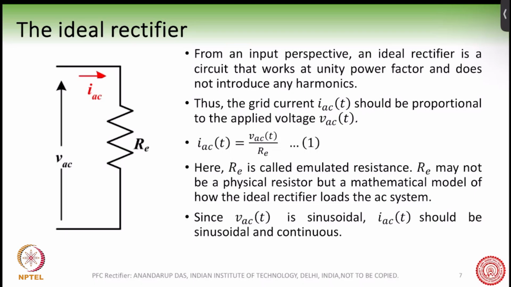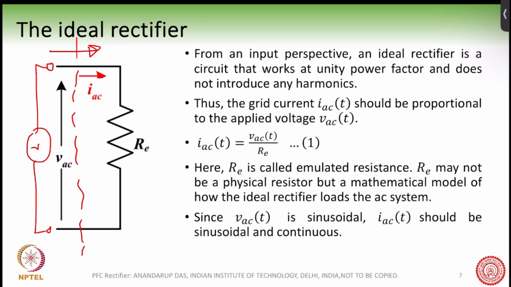The way we look at it is that we have the AC source here, which is the grid here, and this is the whole converter. This is where the converter comes, right?